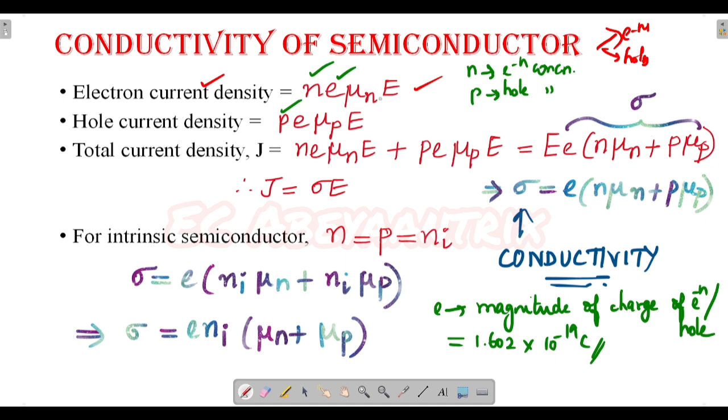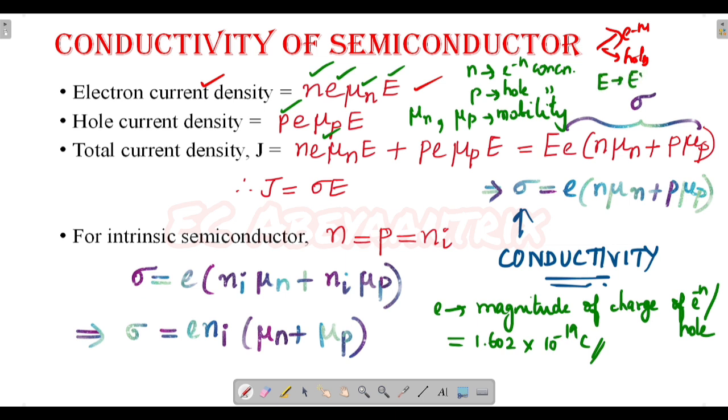Then mu n and mu p. Mu refers to mobility, so mu n means mobility of electrons and mu p means mobility of holes. Then capital E refers to the electric field applied.